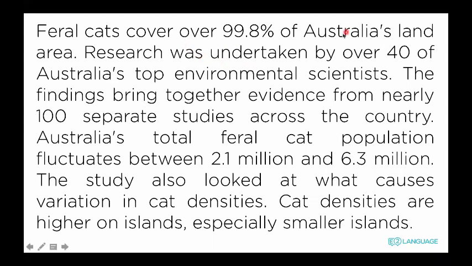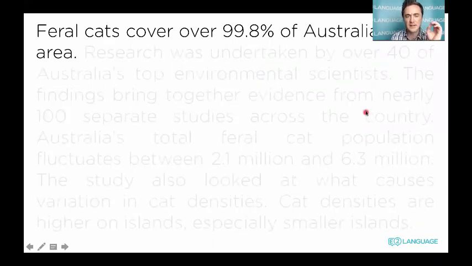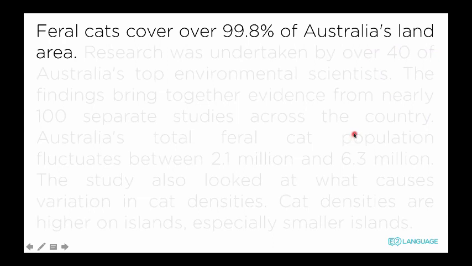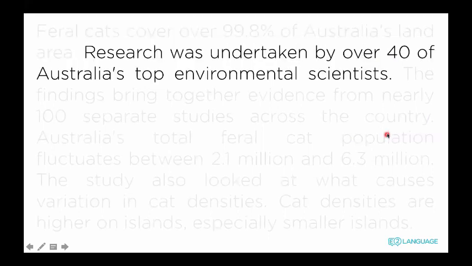All right. Let me clean up some of my mess because I've made a bit of a mess here. Here we go. First sentence was feral cats cover over 99.8% of Australian land area. Fine, the verb was cover. Research was undertaken by over 40 of Australia's top environmental scientists.